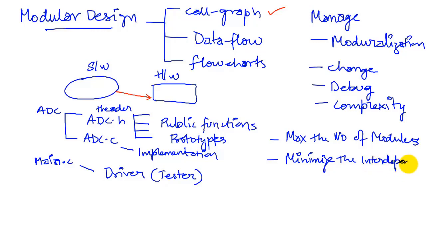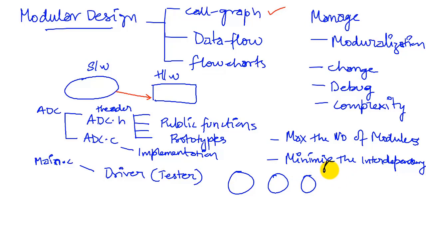Give me some examples. What do you mean by interdependency? So the first idea, maximizing modules, means that I'm going to have as many modules as it takes to break down the problem in a divide and conquer sort of way. That is, I'm going to break it into one module, another module. If I feel like some functionality needs its own module, I'm going to build another module for it.